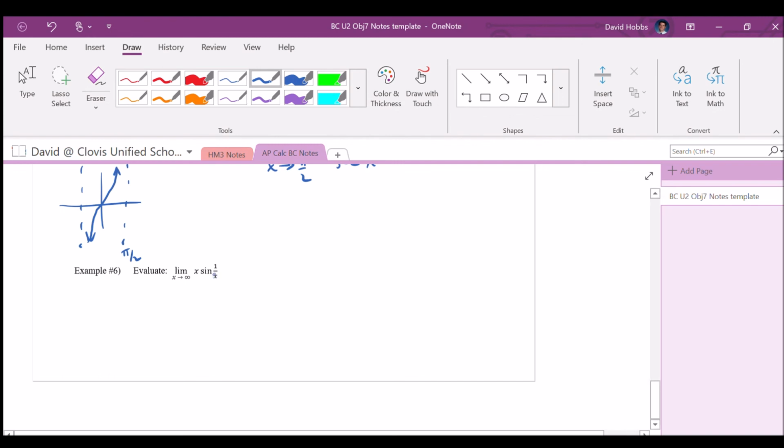But this is not even a fraction, and if we check the infinity, this is looking like, let me change colors here, infinity times sine of 0, which is 0. Infinity times 0. So this is not 0 over 0, it's not infinity over infinity, but it is another indeterminate form.